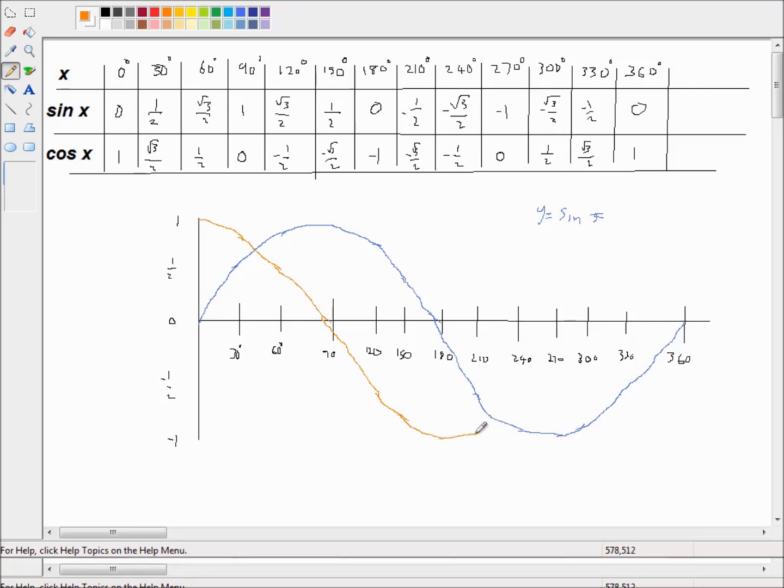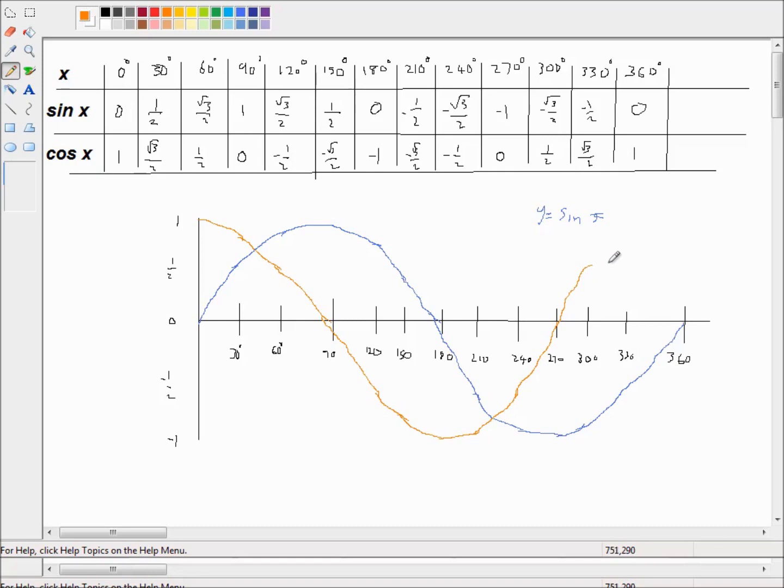And then at 240 degrees we're at negative a half. At 270 degrees we're back to 0. At 300 degrees we are at a half. Dear, that's not a very nice line.